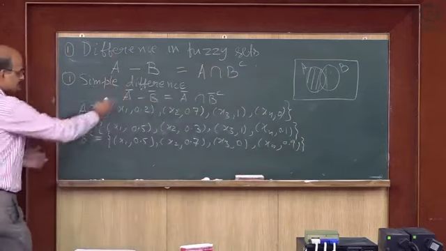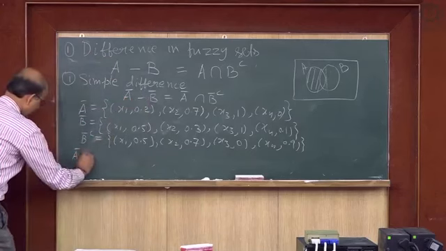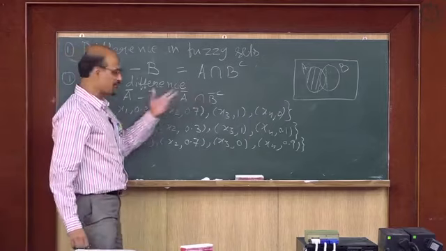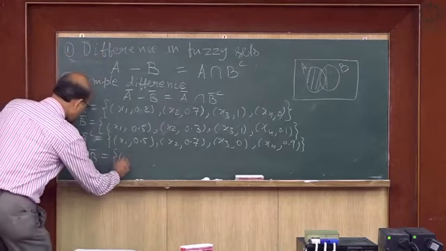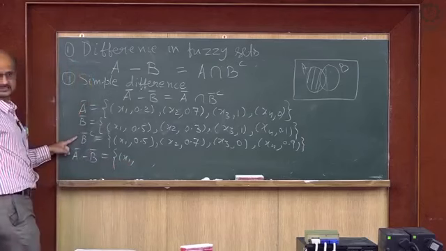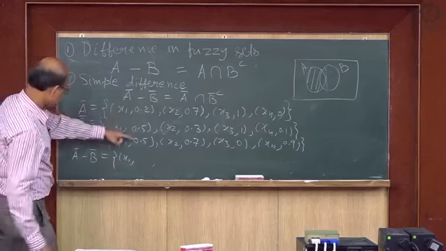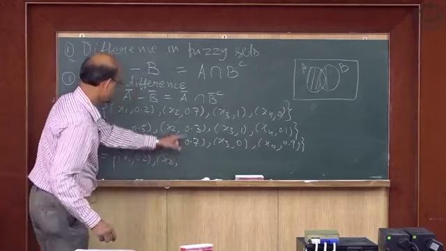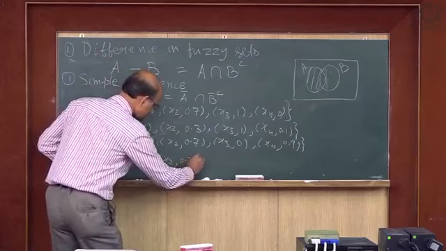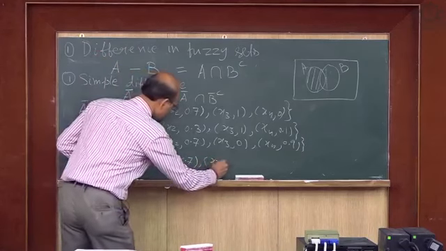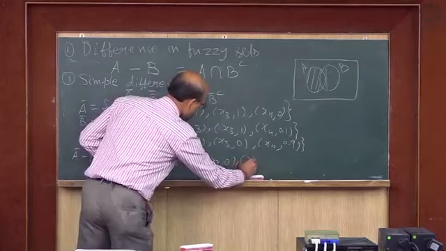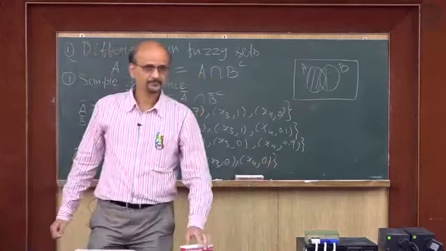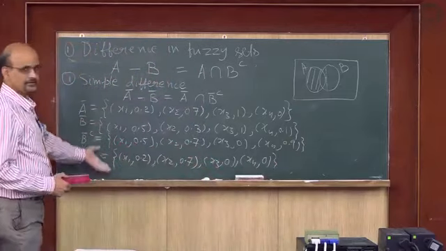So, simply then by this definition A bar difference B bar will be your A bar intersection B bar complement, this and this. So, we have to take minimum because it is intersection we know. So, intersection is for here x1 0.2, x2 0.7, x3 0 and x4 0. Okay. So, this is your very simple difference.